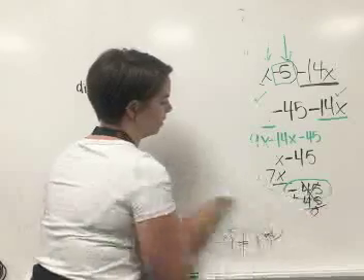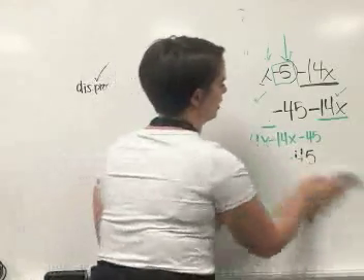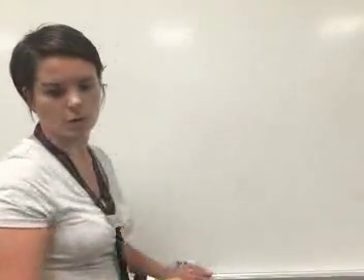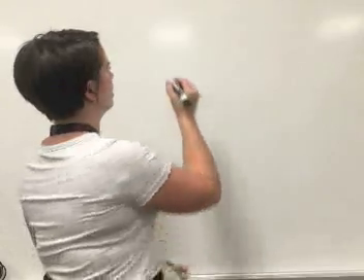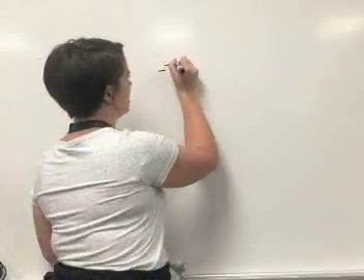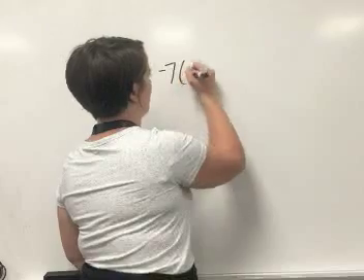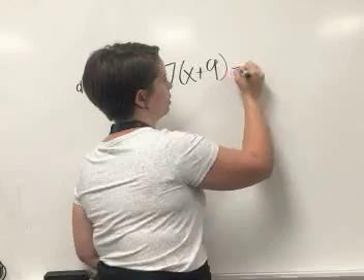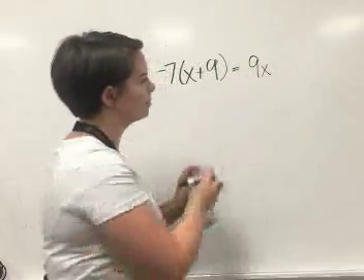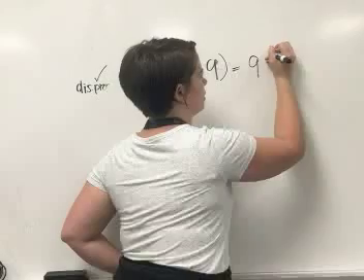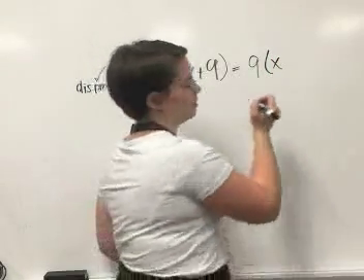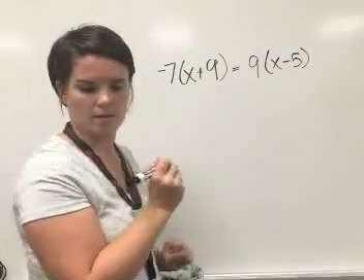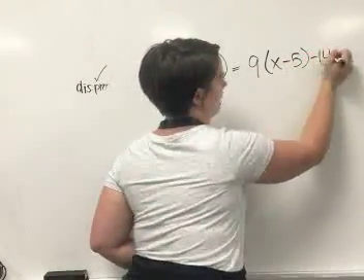I have not checked my work, but your homework is to check my work. So what I want you to do is write out the whole equation again: -7(x + 9) = 9(x - 5) - 14x.